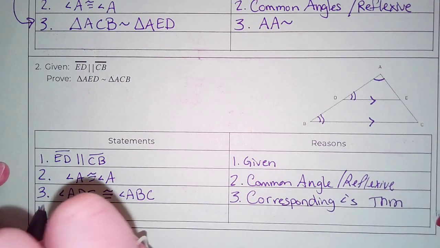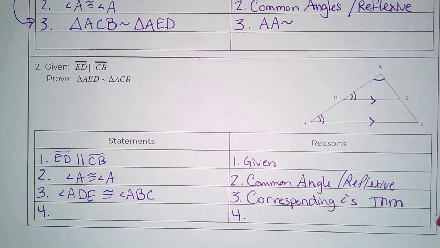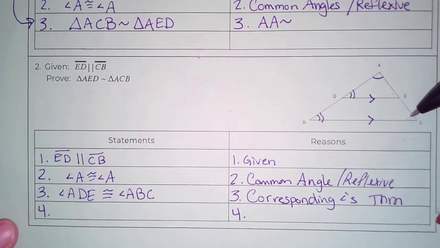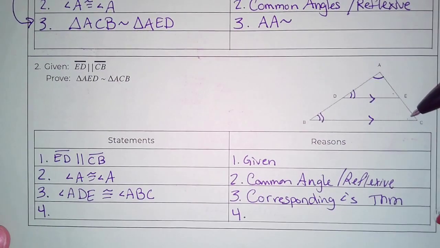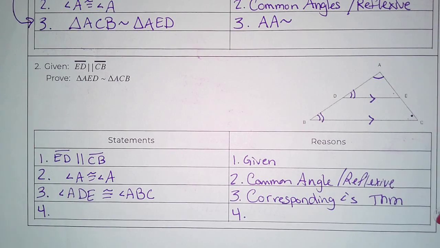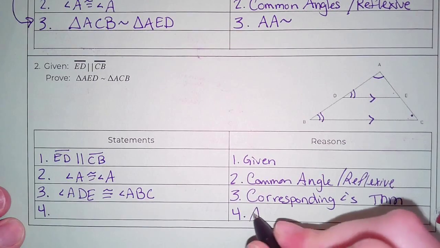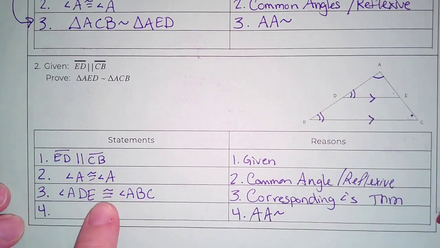So this question was nice because we could have said both of the corresponding, because this angle E and this angle C are also corresponding, which means that this could have been a 3-step proof instead of 4 if you wanted to. So this one is going to be angle, angle. So still angle, angle, because I just have 2 angles here.